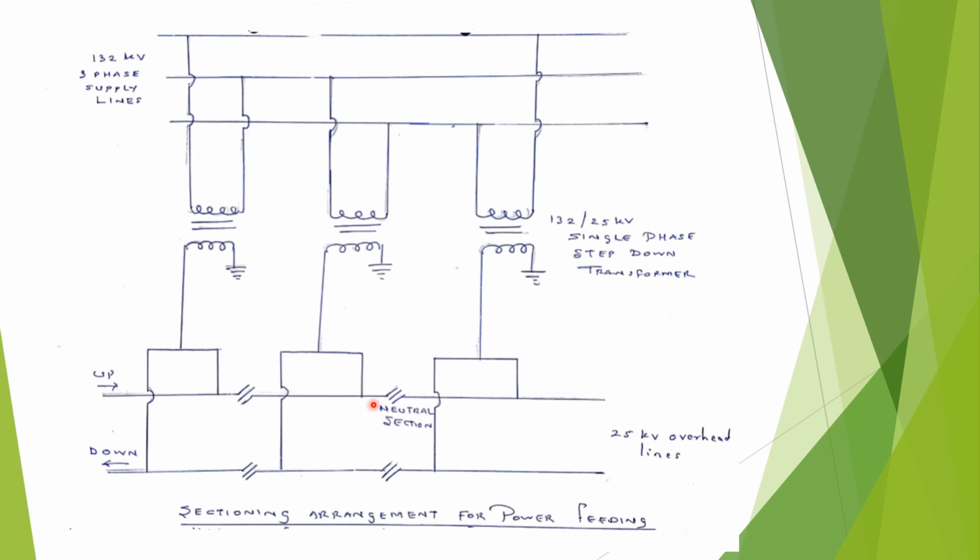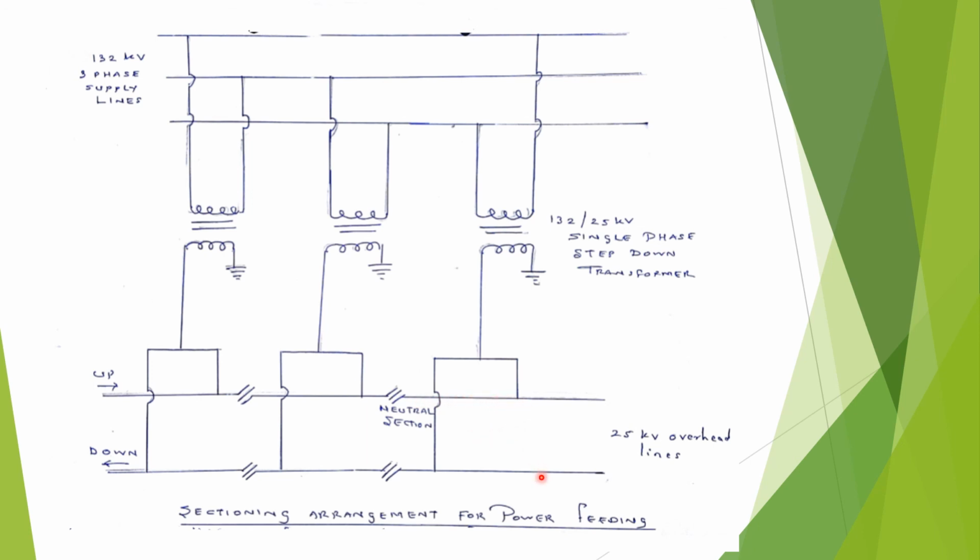Similarly here, when the driver approaches and sees that there is a neutral section, he switches off the supply, and when it passes through the neutral section, he switches on the supply again to the electric locomotive, and the change of phase takes place. Previously the locomotive was connected to Y and B phase. Now when it passes through the neutral section, it gets connected to the B and R phase.